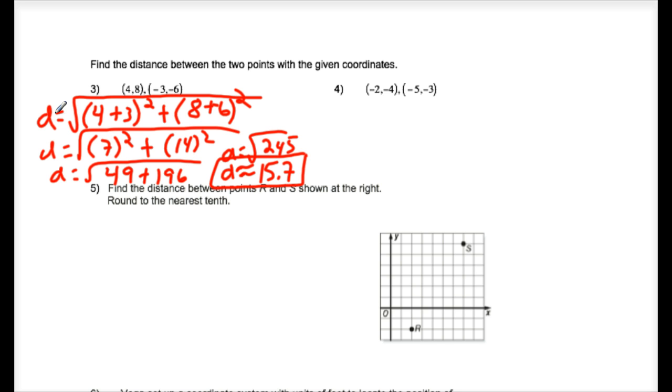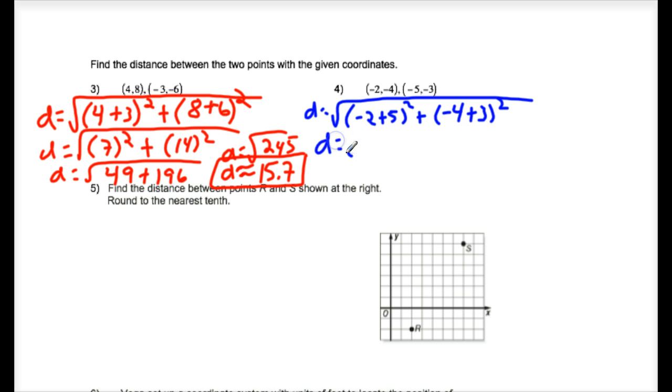I don't think this one's very far apart. Trace, what are we writing? Negative 2 plus 5 squared plus negative 4 plus 3 squared. Nice job. Negative 2 plus 5? 3.